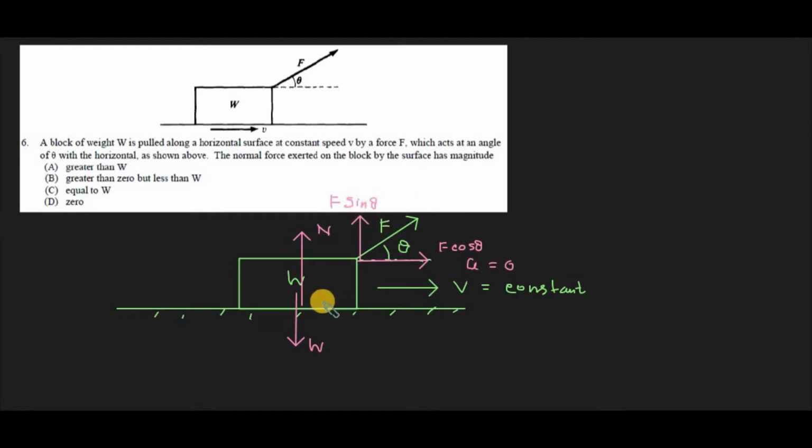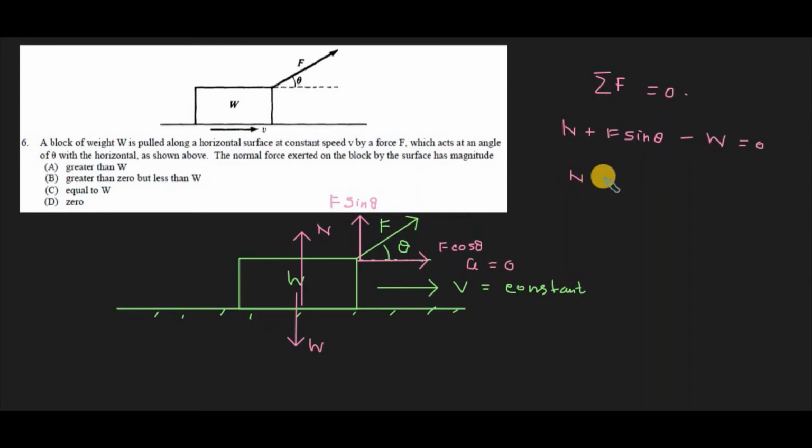Since the object is in equilibrium, the net force along the vertical direction should be 0. From there we can say the total upward force is N plus F sine theta, and that minus the force in the downward direction, that is W, should be 0.